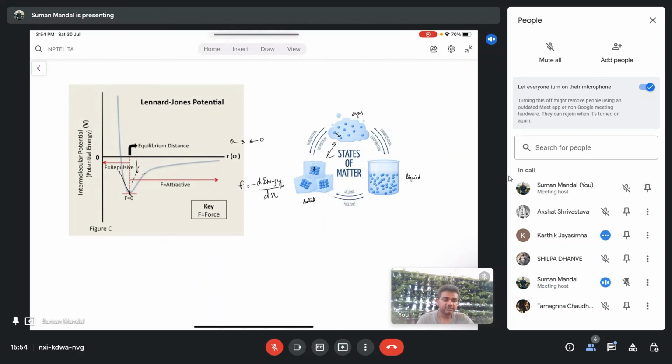Oh, Bangalore. Nice. And you, Tamagna? I'm from Maharashtra. Okay. And Akshat, Shilpa? So I am from Raipur. Raipur, Chhattisgarh. It is a city. Okay.